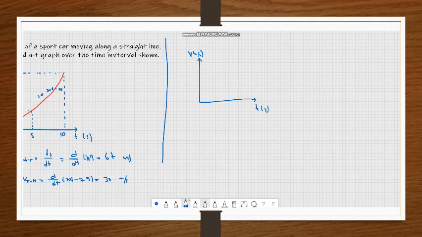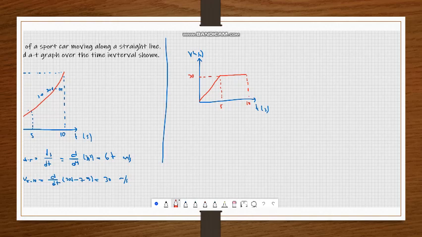When we draw it, our curve is linear from 0 to 5, reaching 30, since 5 multiplied by 6 is 30. Then after that it is constant from 5 to 10.